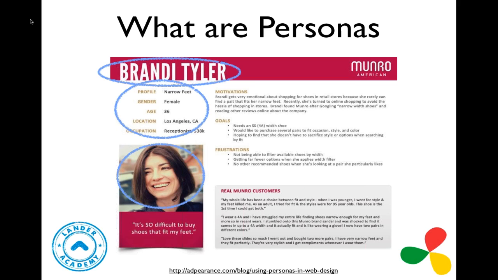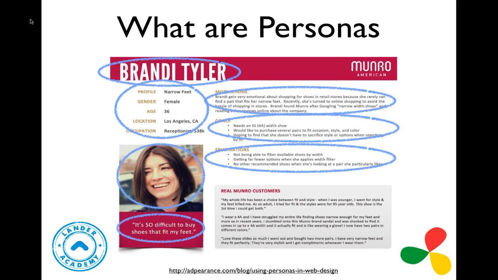A quote, motivations, goals, and frustrations. And I think that this is the most important part. Motivations, goals, and frustrations. What's the difference between motivations and goals? Goals are what Brandy knows that she wants to do. Motivations are why she wants to.